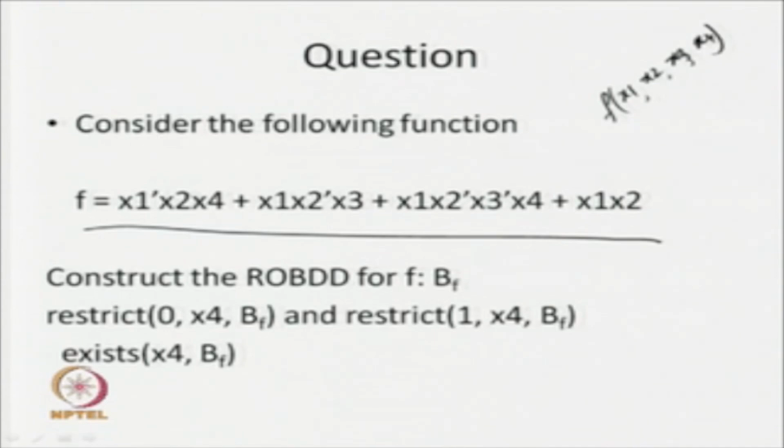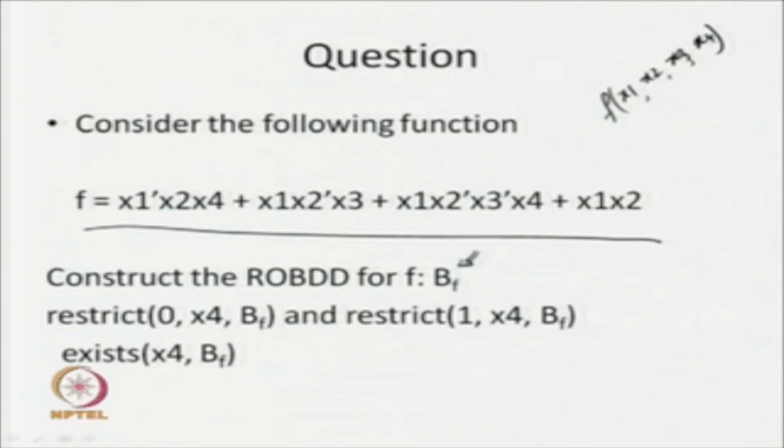First, construct the ROBDD for B f, the reduced order binary decision diagram. Then look for the structure of restrict 0 x 4 B f. That means we are restricting x 4 to be 0, or restrict 1 x 4 B f, where x 4 is equal to 1. That means you are restricting the function f where x 4 is equal to 1.